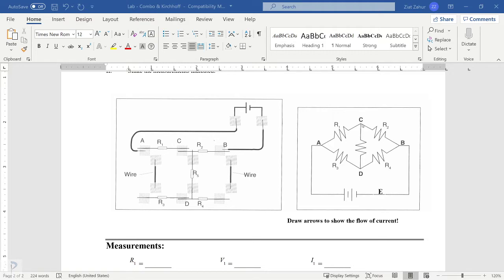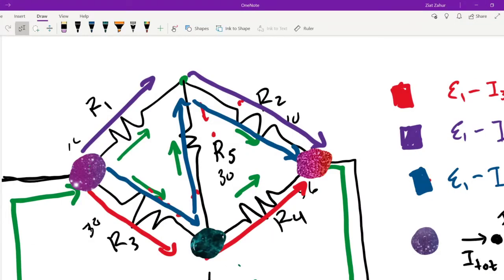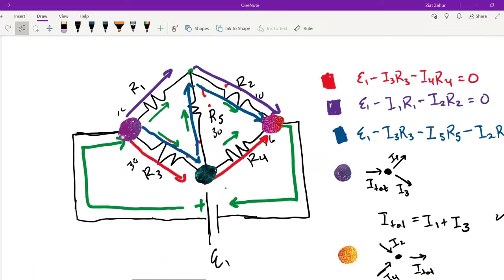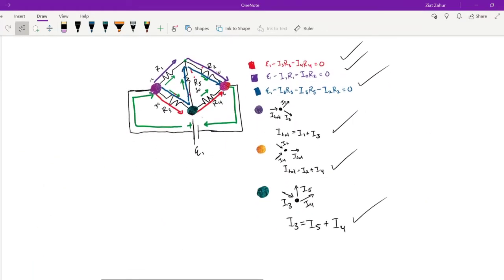Would I5 point inward or out of junction C? Based on our diagram, it is going into C. So what is going into C? If you look at the arrows, 5 is going in, 1 is going in, and 2 comes out. Meaning, at junction C, I5 plus I1 equals I2.